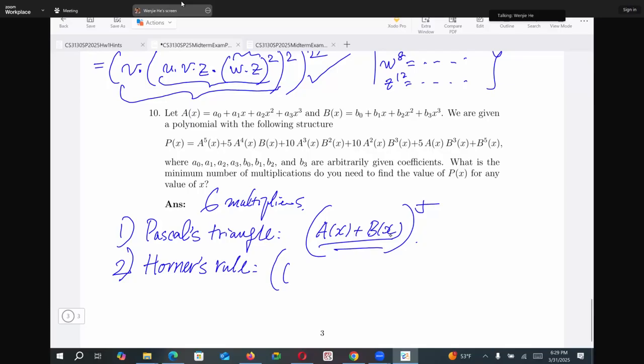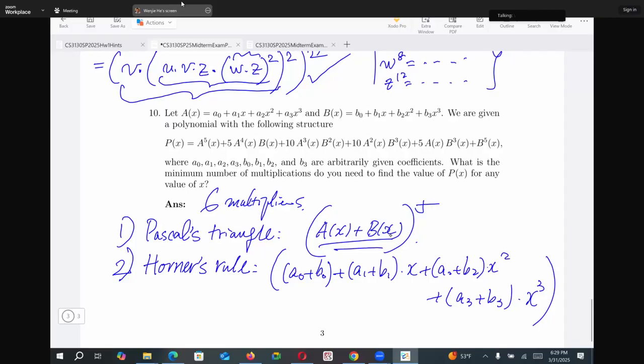But those students didn't look at the solution of the homework assignment. A0 plus B0, A1 plus B1 times X, A2 plus B2 times X squared. And some students missed the last term. So this one, we have a last term.